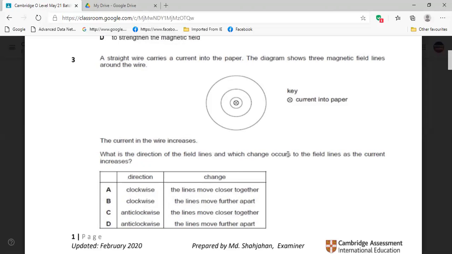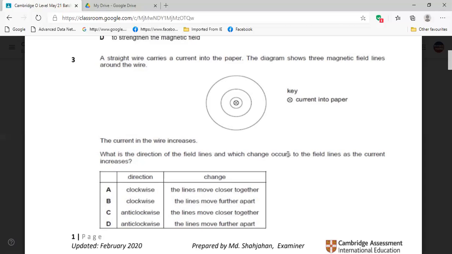That one you can say. It is clockwise. Now, if current increases, that means the magnetic field also becomes stronger, right?